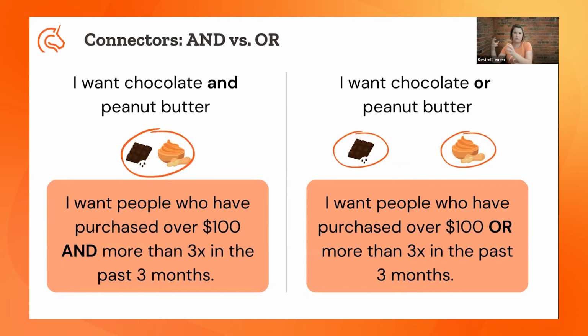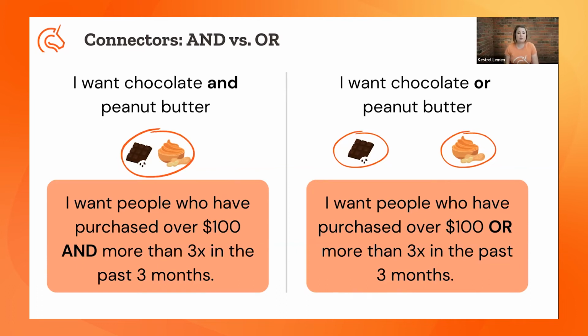You could bring me either and I'll be happy. That could look like, I want people who have purchased over $100 or more than 3 times in the past 3 months. The reason these are so important is because it's how the data is going to be grouped together. It could be the difference between you having a really big segment because you're saying and this and this and this, or a smaller segment because you're saying or.